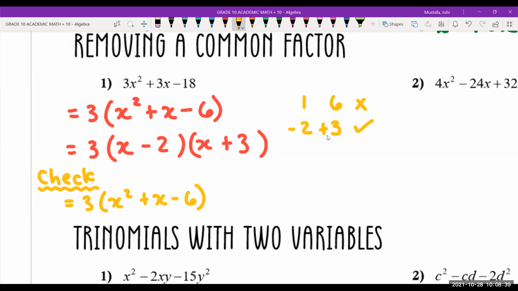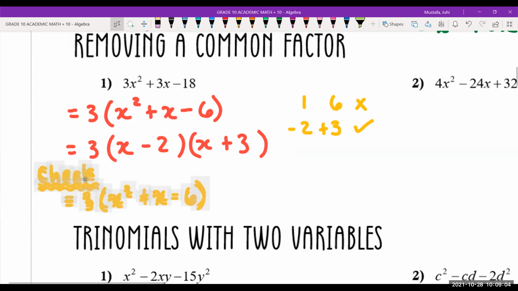So you're finding a pair of numbers, like we found -2 and positive 3. It should multiply to give you -6, and these numbers should add to give you positive 1. Don't worry about the x, just look at the coefficient. It's supposed to add to give you the middle term, and it's supposed to multiply to give you the last term. Correct, yeah.